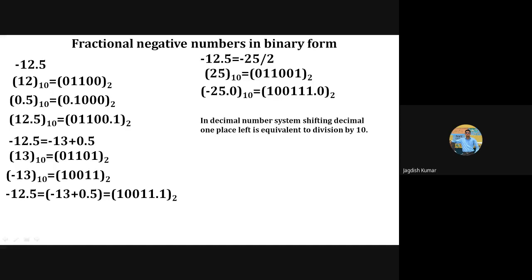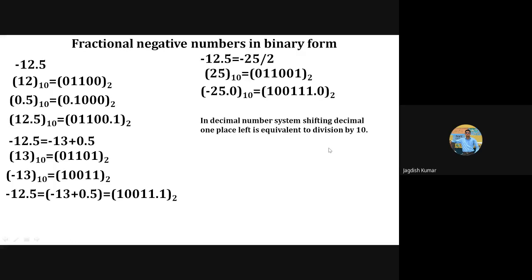If I shift the decimal to the left hand side, that number is nothing but the same number divided by 10. That is the situation with the decimal number system.